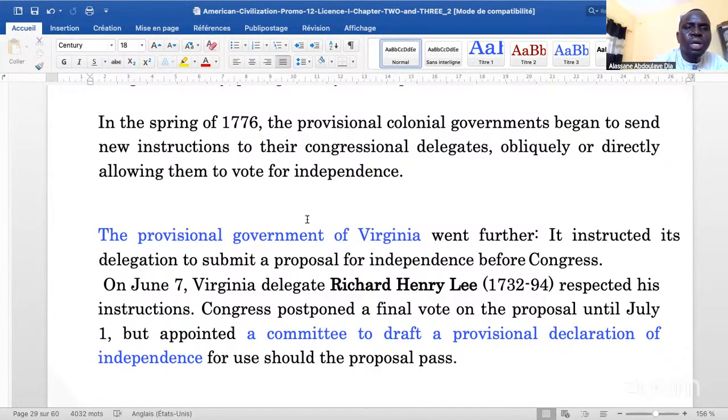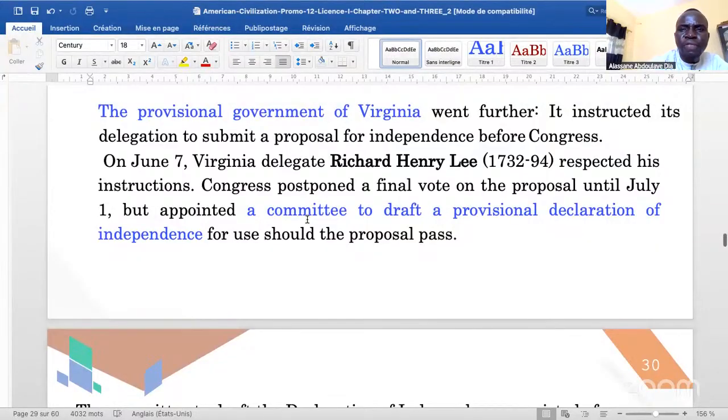All right. So the provisional government of Virginia had already prepared everything. So they wanted to submit their proposal. The provisional government of Virginia went further. It instructed its delegation to submit a proposal for independence before Congress.